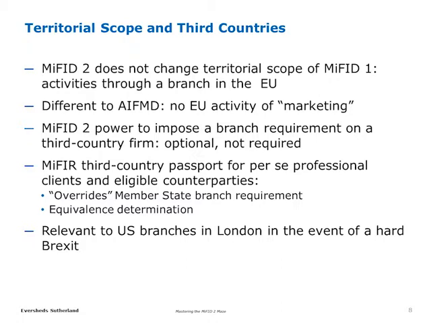And this is an important feature of EU regulation generally, and one that can be contrasted with the position in the US, is that the focus is not on the nationality of the client. The concept, for example, in the US of US persons doesn't resonate in the EU, but rather the focus is on where the activities are carried on.